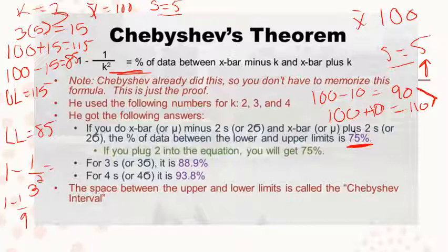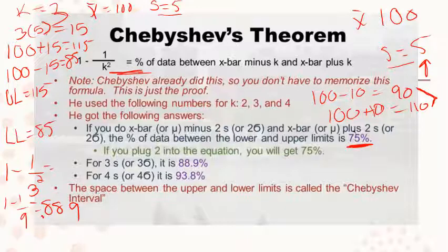Let me just get a calculator because I don't want to do the rest of it by hand. 1 divided by 9, and I got 0.889.